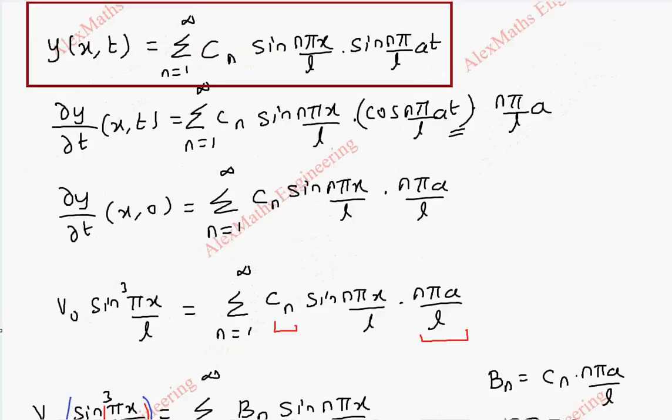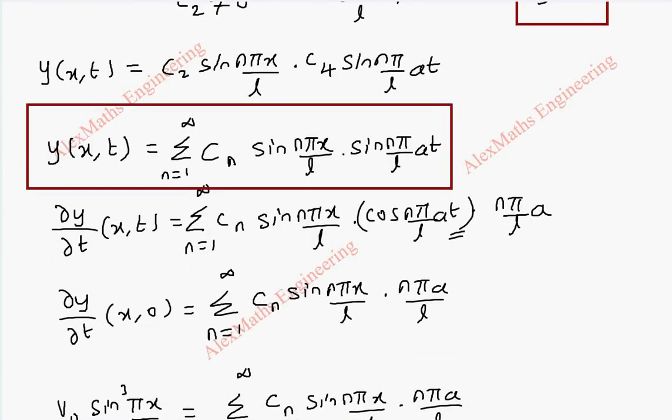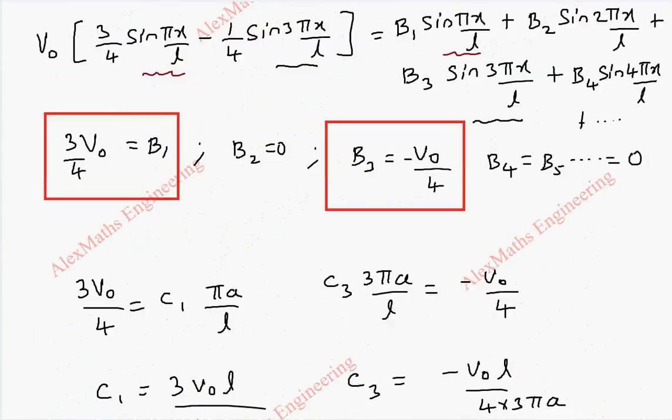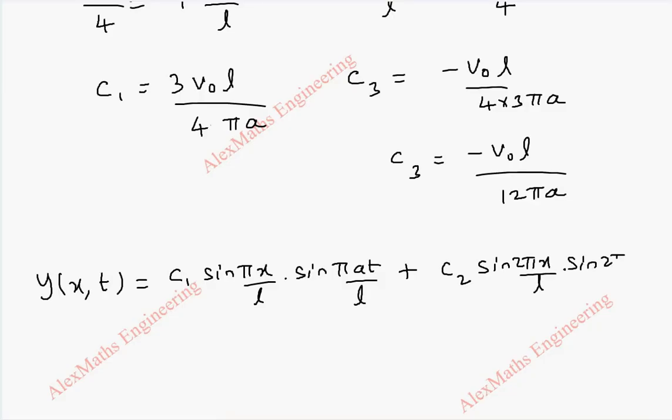So y of x comma t equal to, when n is 1, we get C1 sin pi x by L sin pi a t by L, plus C2 sin 2 pi x by L into sin 2 pi a t by L, plus C3 sin 3 pi x by L into sin 3 pi a t by L, and so on.